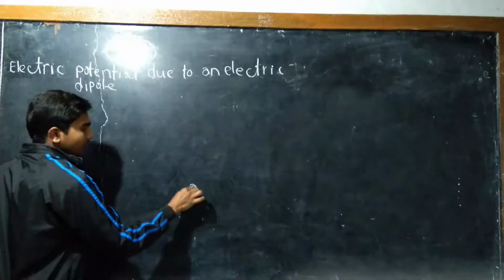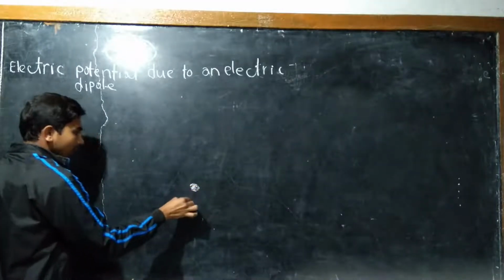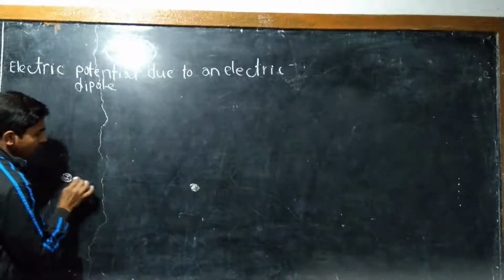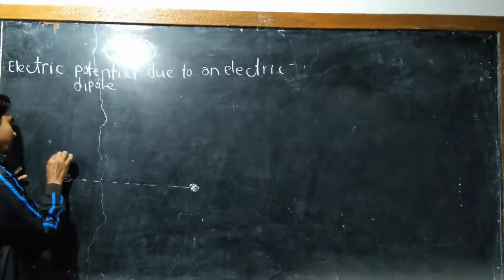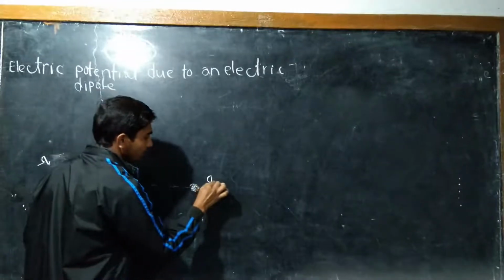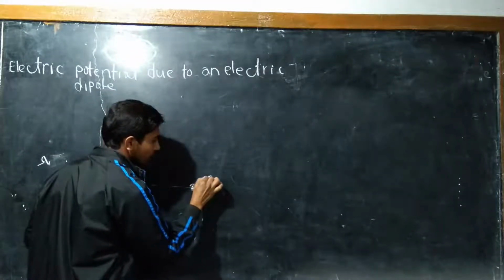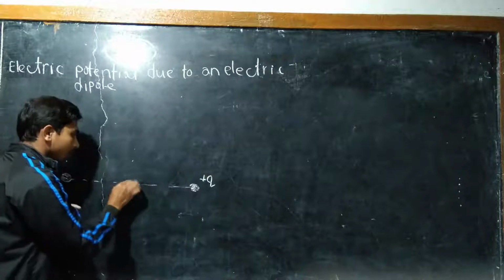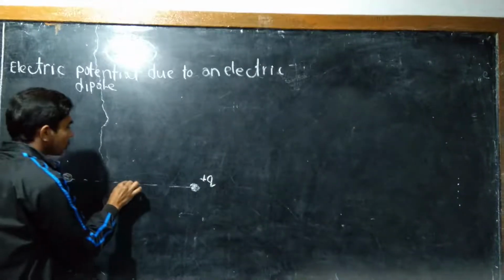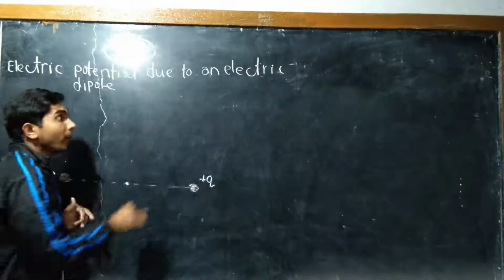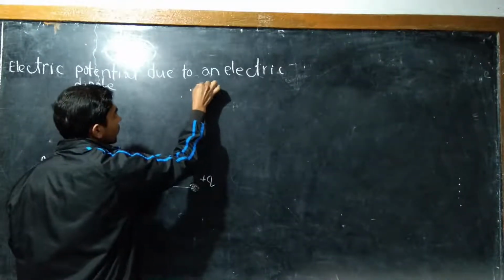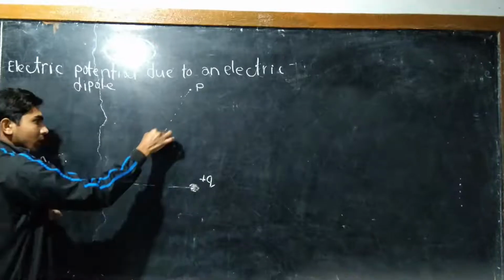Suppose these two are the equal and opposite charges, and this combination of these two charges is known as dipole. Okay, this is minus q, this is plus q, right? This is the midpoint of dipole, this is the center of dipole, right? And we are going to find at a point P. Suppose this is your point P. At this point we are going to find potential, right?